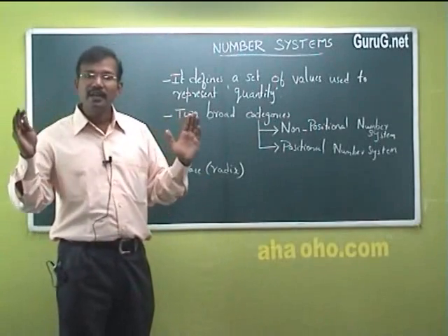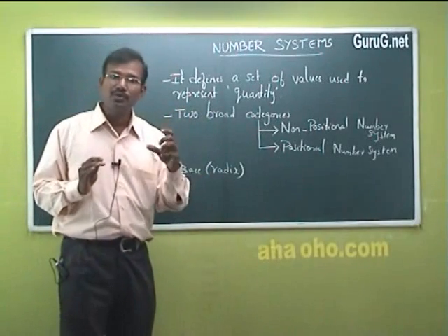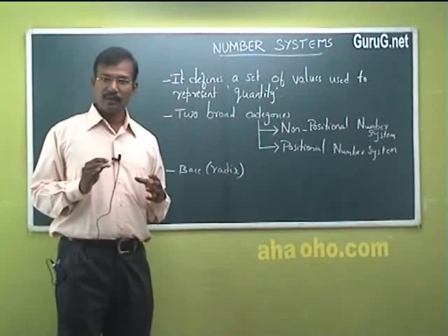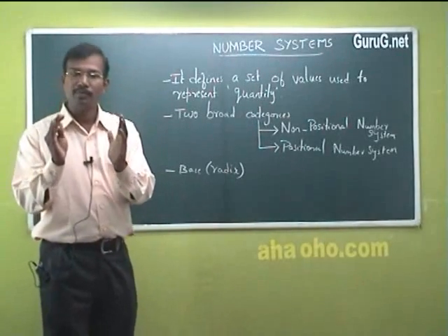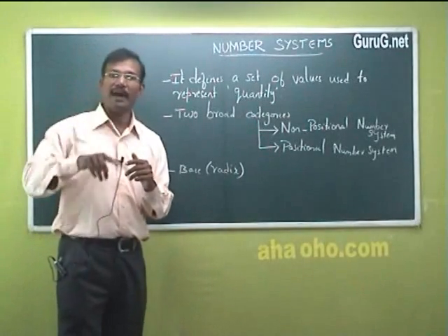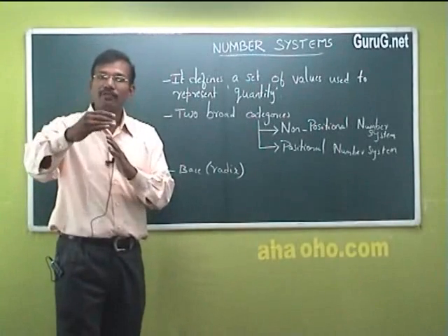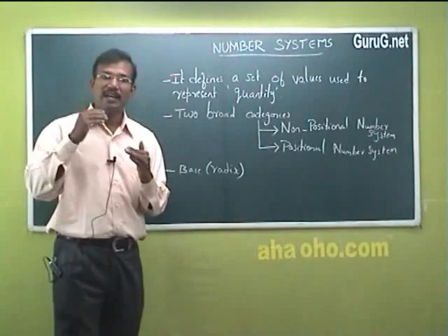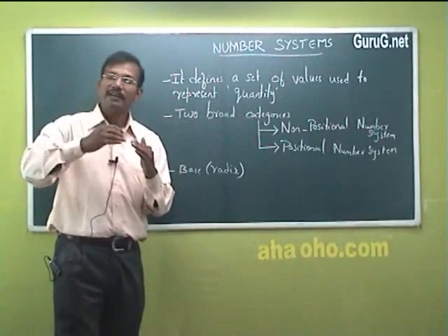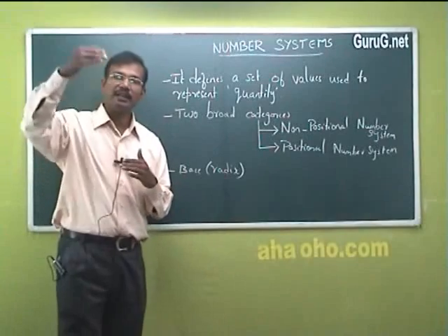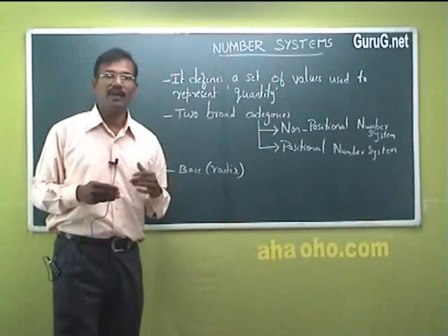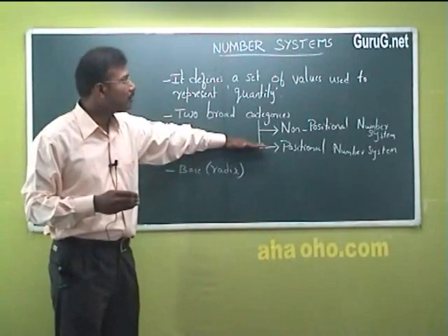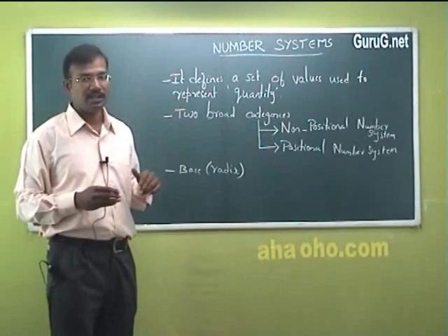Here, 10 different symbols are used to represent a particular quantity, and for each and every position you allocate one value. Based on that we perform the calculation, and you can perform calculations like addition, multiplication, division, and it can extend up to the recent advanced calculations we have. All these things are possible with the positional number system.